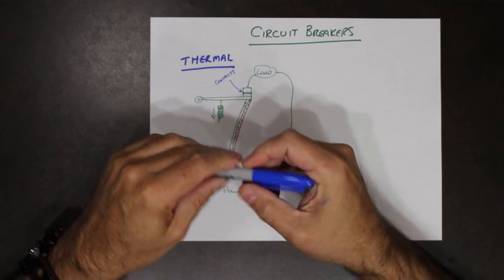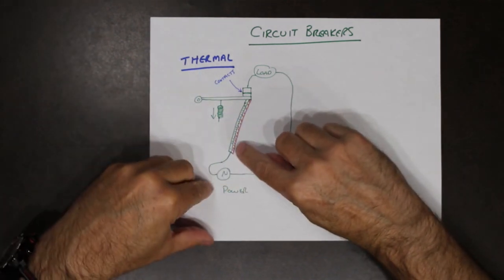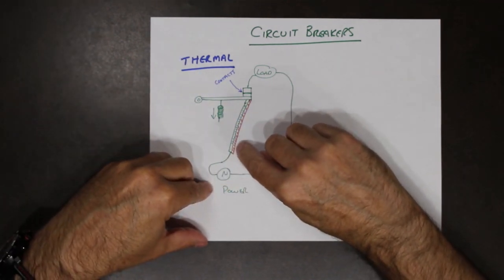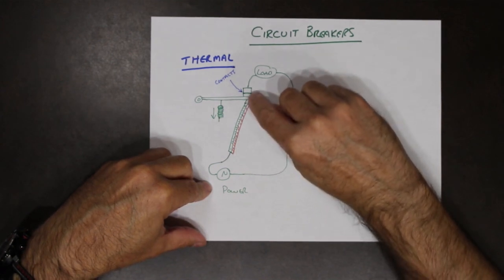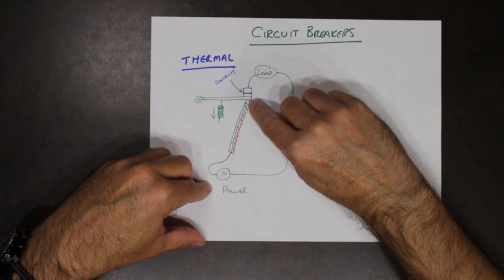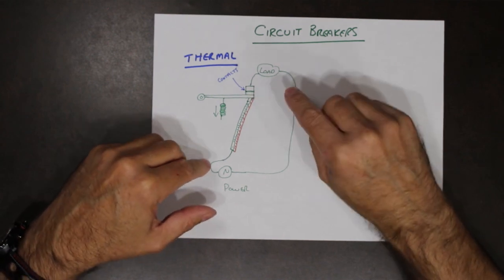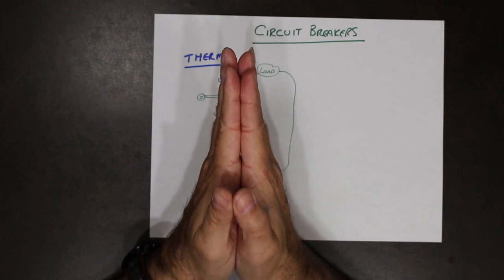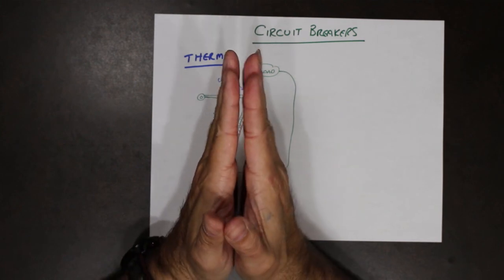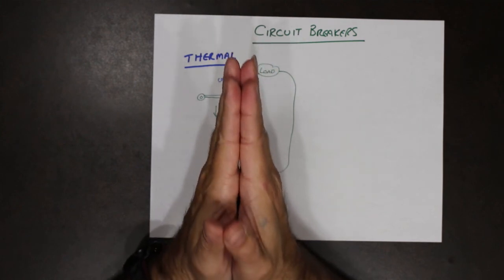So here's what happens. This part here that the contacts are resting on is actually made up of two pieces of metal that are laminated together. There are two different types of metal.